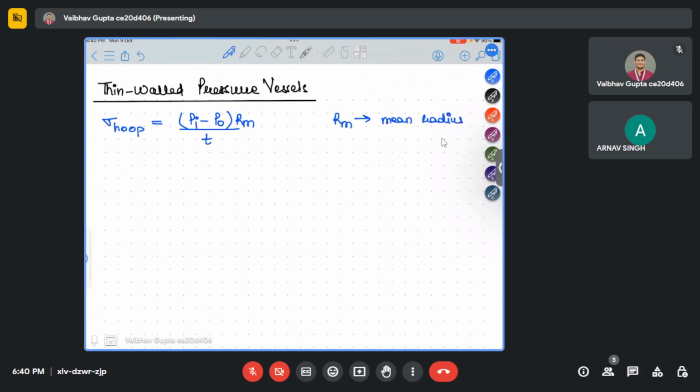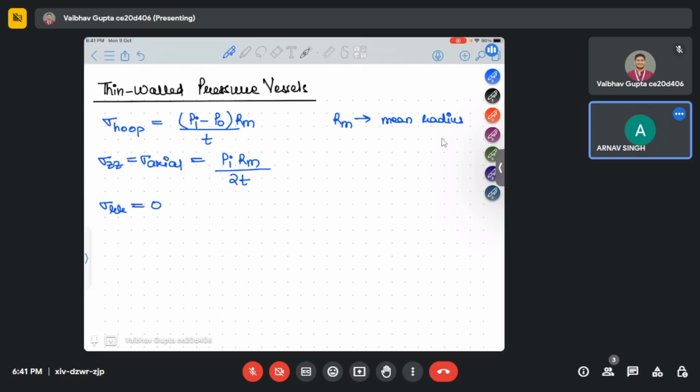Sigma ZZ or sigma axial will be equal to Pi Rm upon 2t. Understood? And here in thin wall section, we assume that radial stress to be 0. Okay, these three things are there.